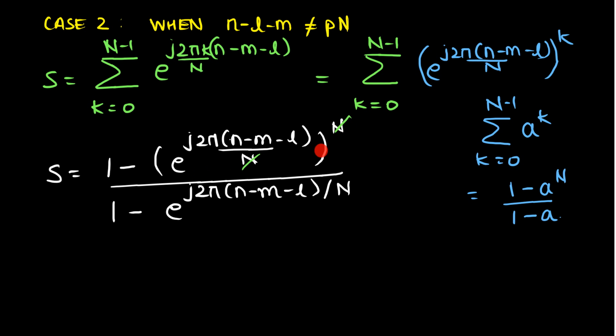So in numerator we are getting 1 minus 1, which means this sum is now reducing to 0.